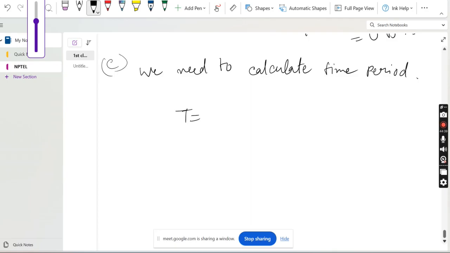So you know time period is 1 by frequency. One nanosecond, actually.